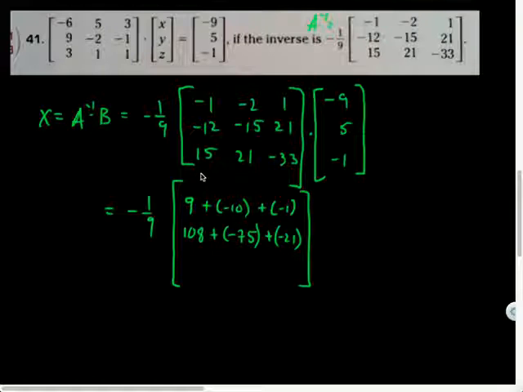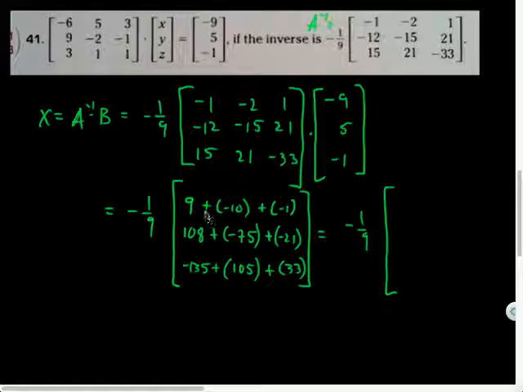And 15 times negative 9, negative 135. 21 times 5 is 105, if I'm not mistaken. Positive. And positive 33, because negative 33 times negative 1.